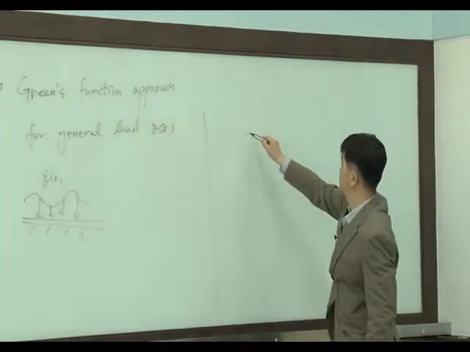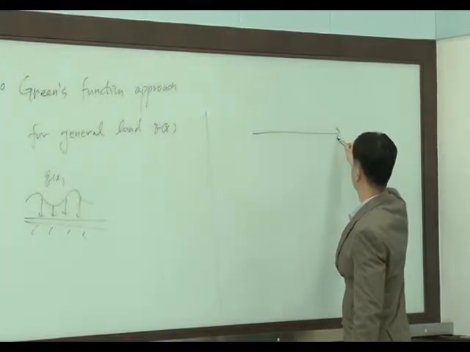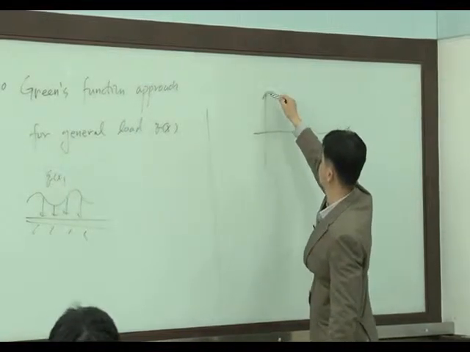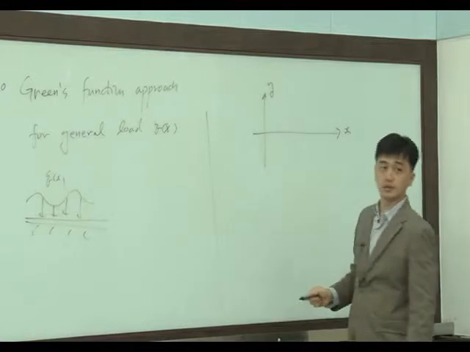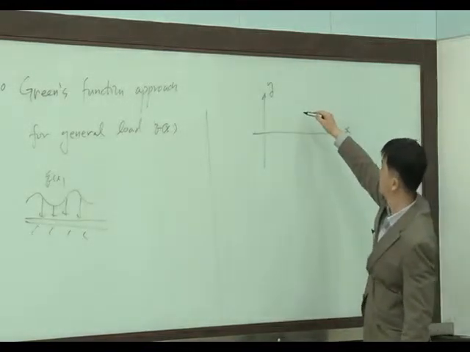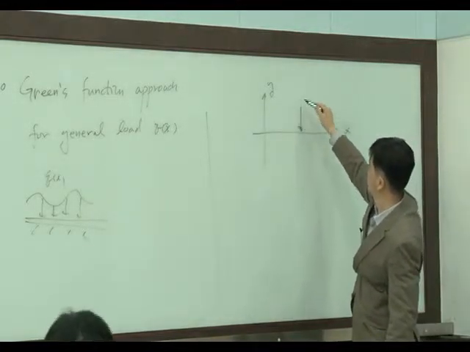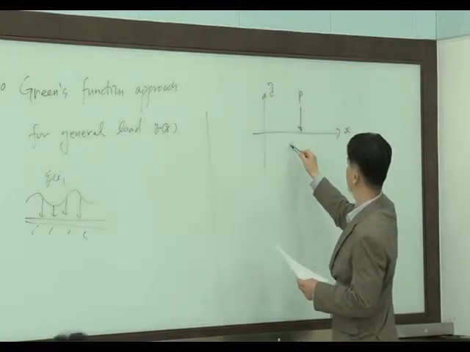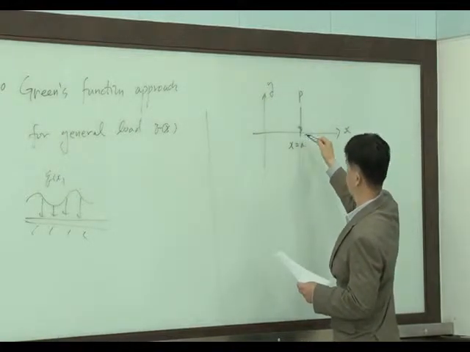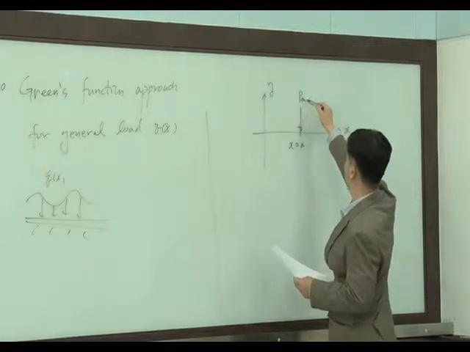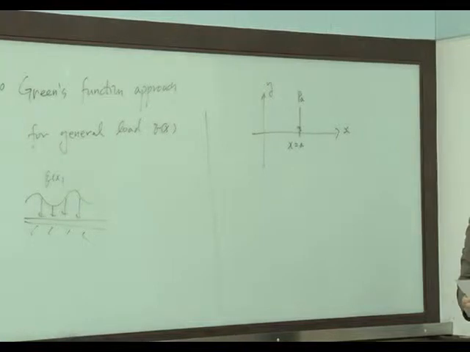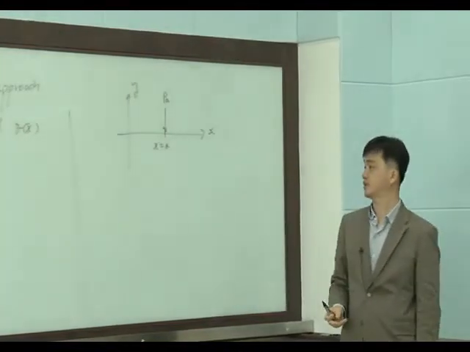Okay, now let's think. Here is the x-axis, this is the y-axis. Let's think that a load P is applied here at x equal a. Let's say this is PA. Load PA is applied at x equal a.